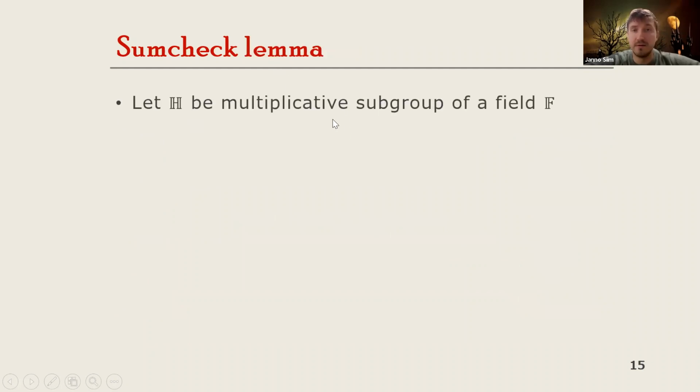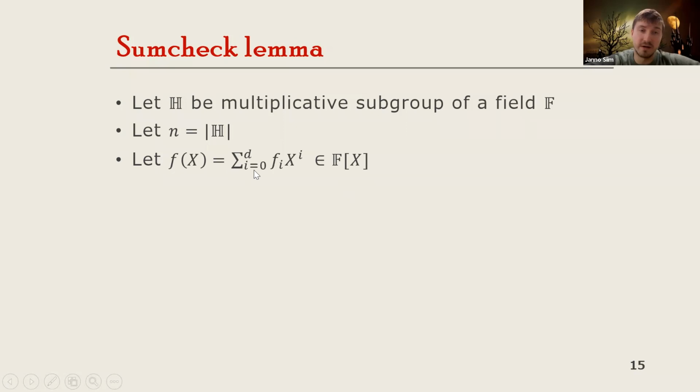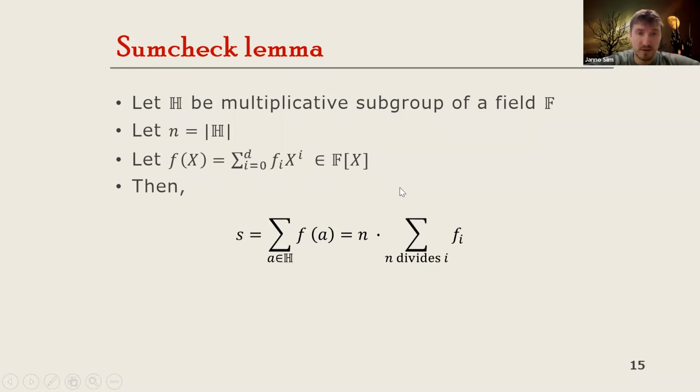So firstly, we have a very simple and nice lemma. Let H be a multiplicative subgroup of some field F, and let's denote the size of H by n, and let our polynomial f(x) be of some degree d. Then the following relation holds.